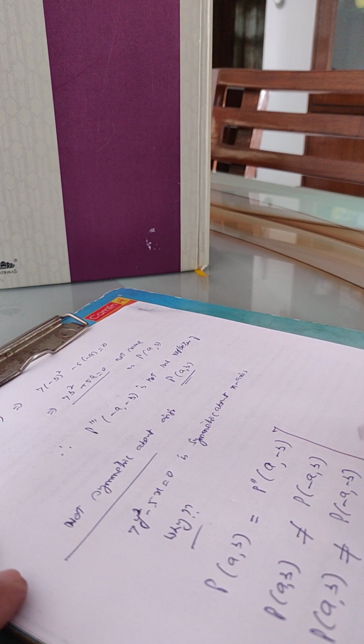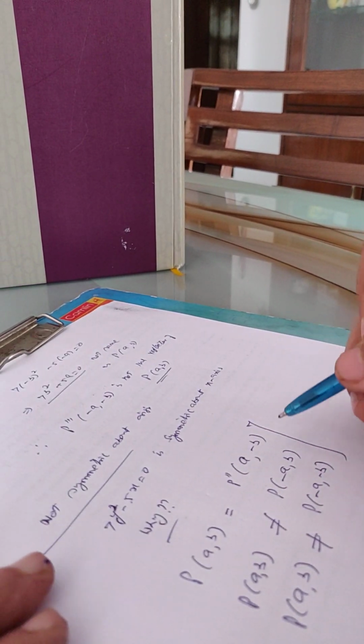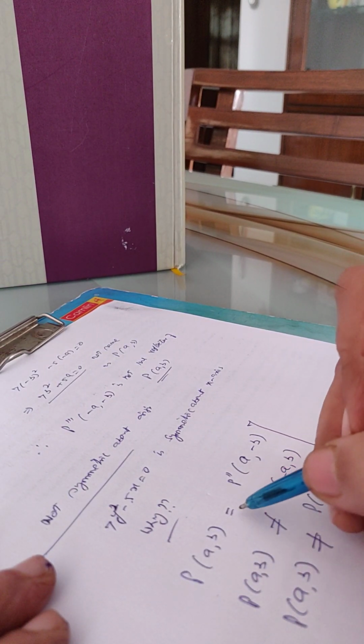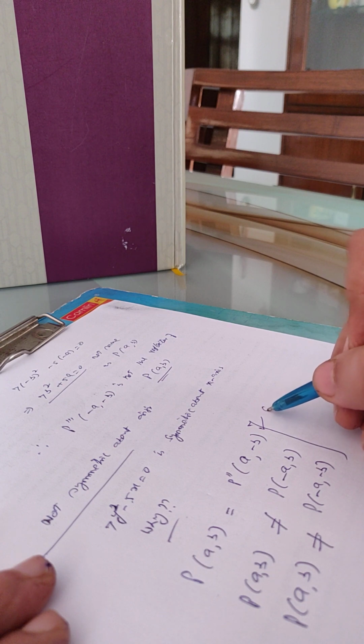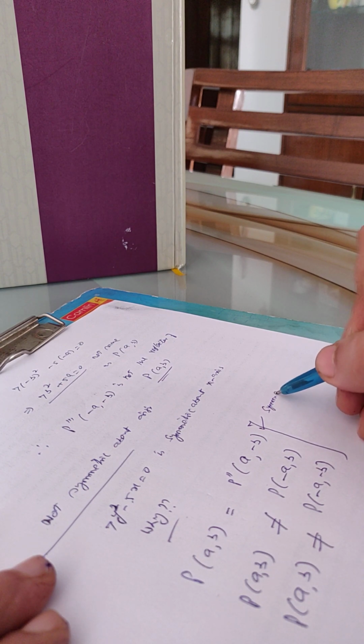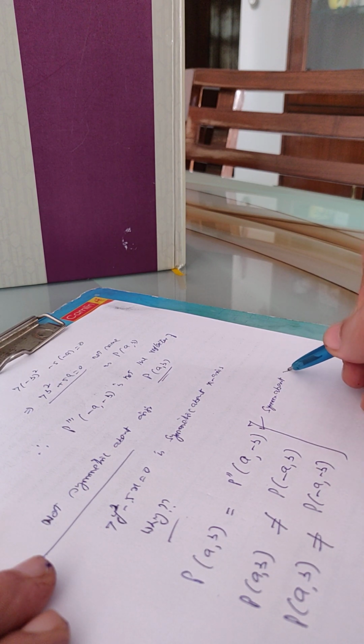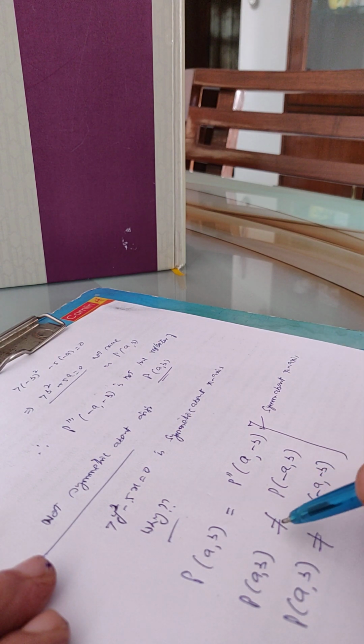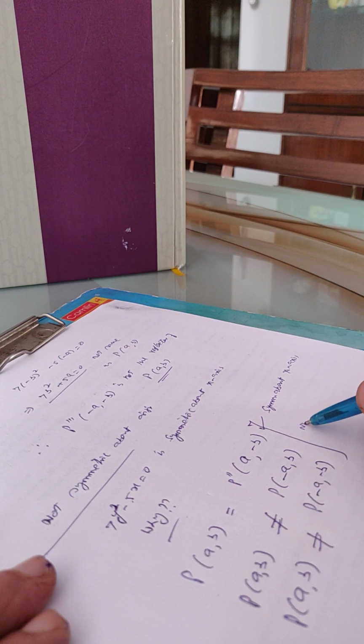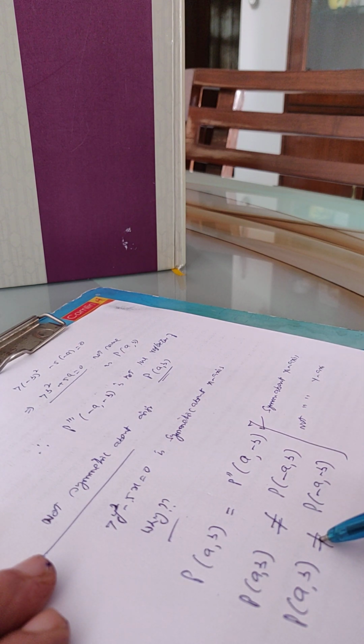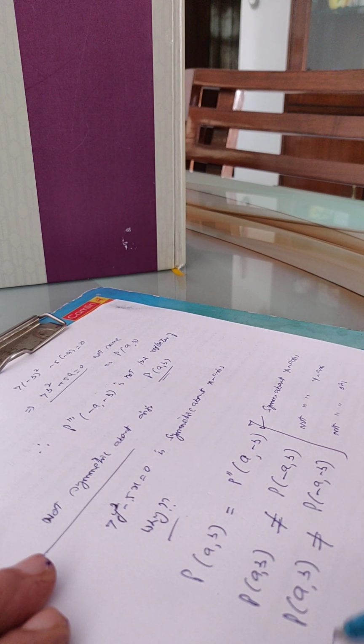So these are the three conditions. If it satisfies the first one, then it is symmetric about the x-axis. It is not, so not symmetric about the y-axis, and not equal, so not symmetric about the origin.